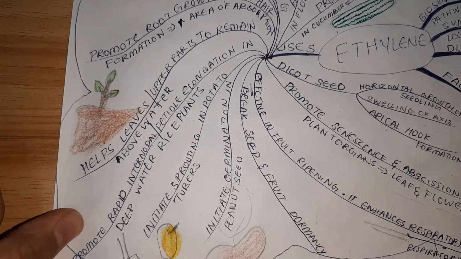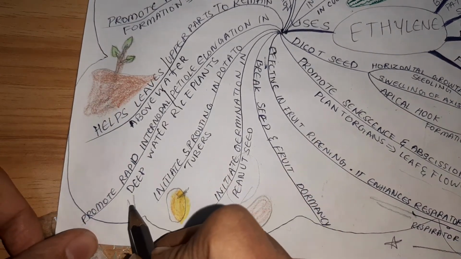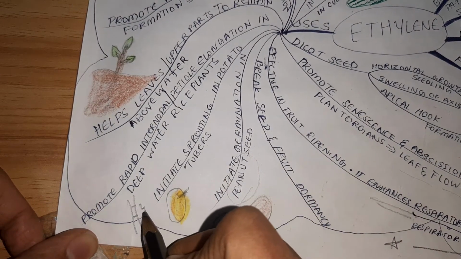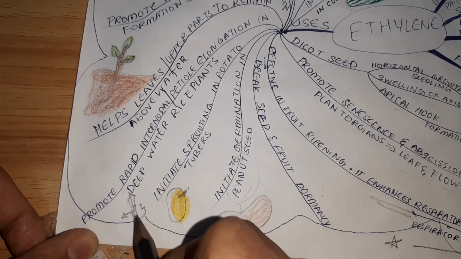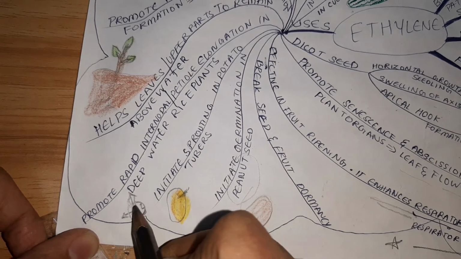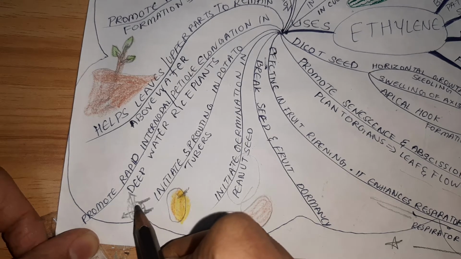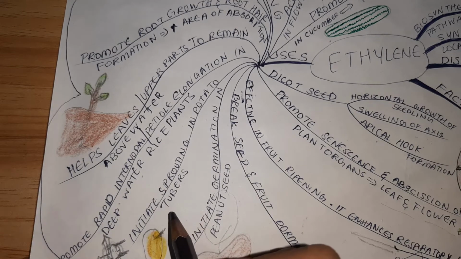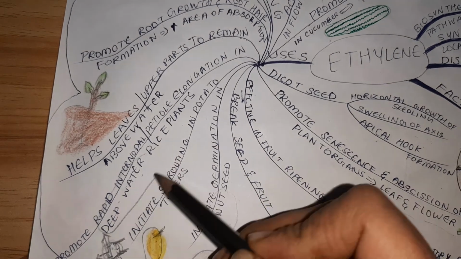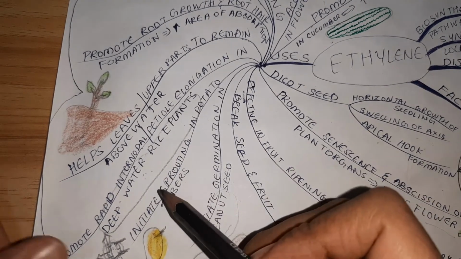If this is a shoot, you have nodes. The area between the nodes is known as an internode. So it helps in the elongation of this internodal area, which grows rapidly in deep water rice plants where ethylene is present.